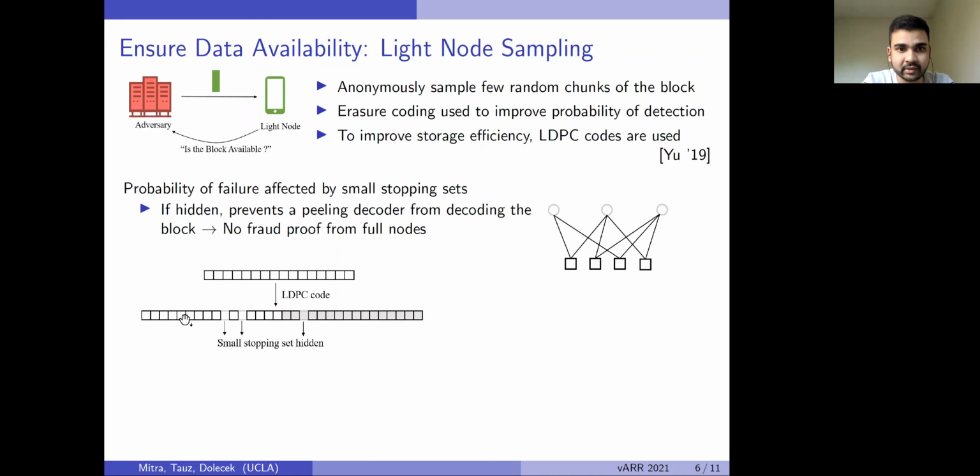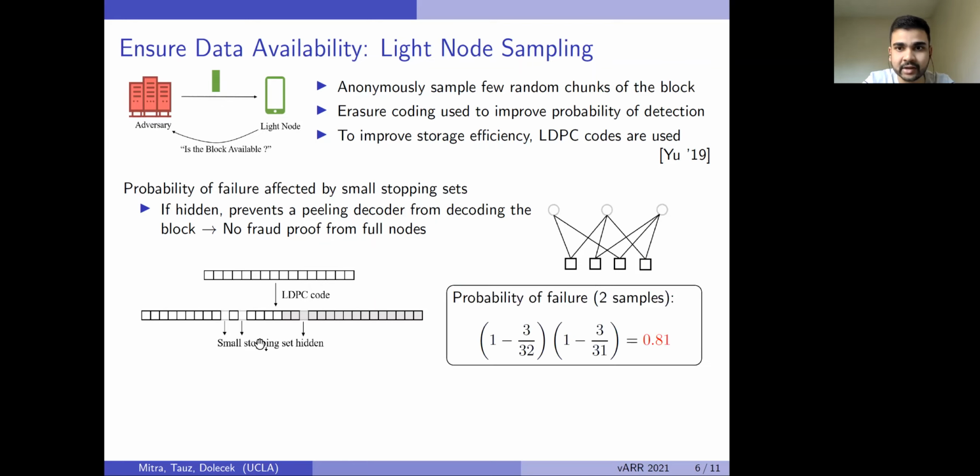And because the adversary is hiding such a small fraction of all the coded chunks, if we calculate the probability of failure, that is, the probability that the light node does not request the portion that is hidden, in that case, the probability of failure comes out to be pretty large.